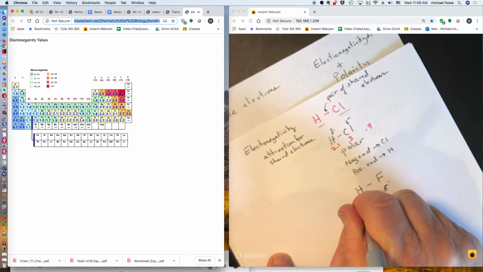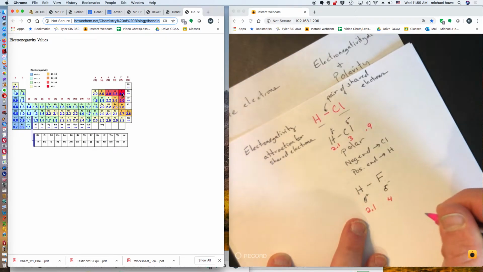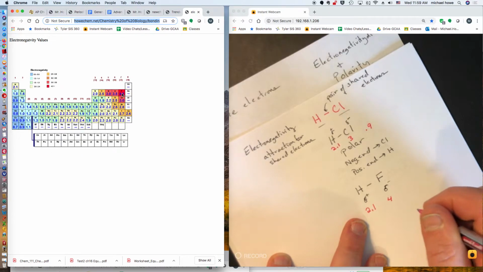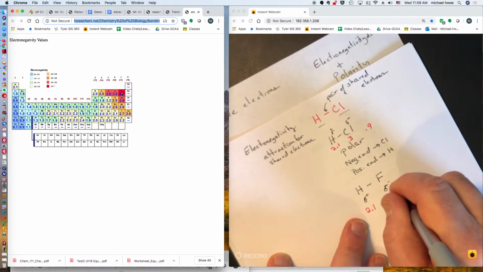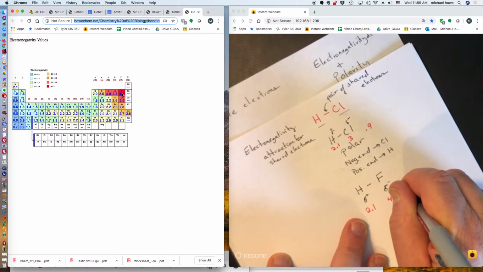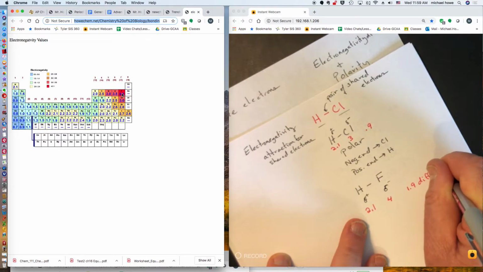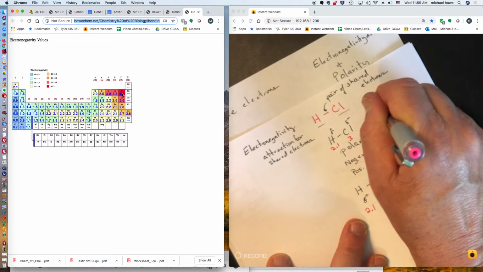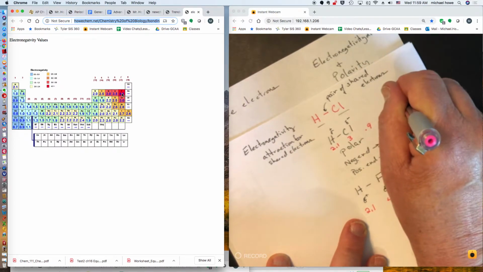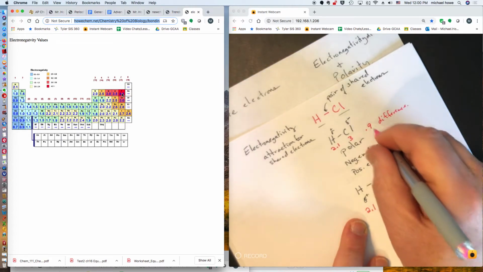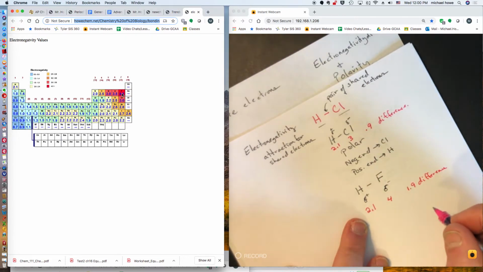Hydrogen is still 2.1. And so the difference is 1.9. Now in difference, you know difference means subtraction. All right, so which one has the bigger difference in electronegativities?